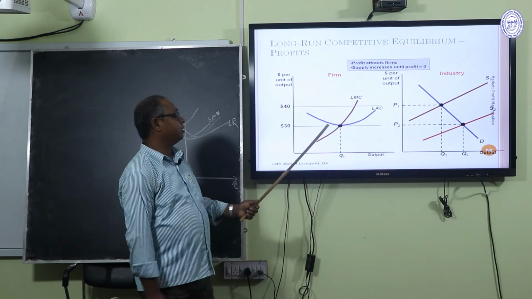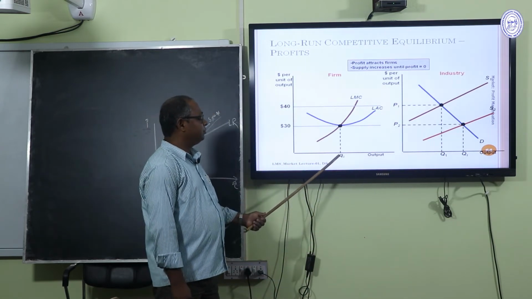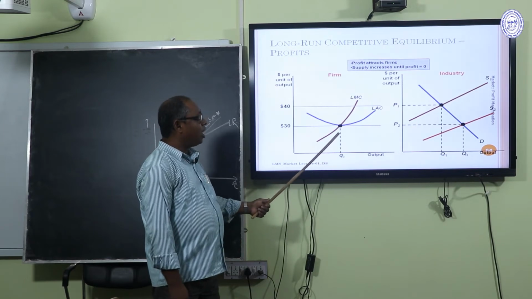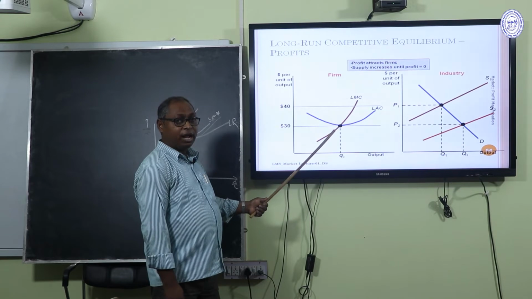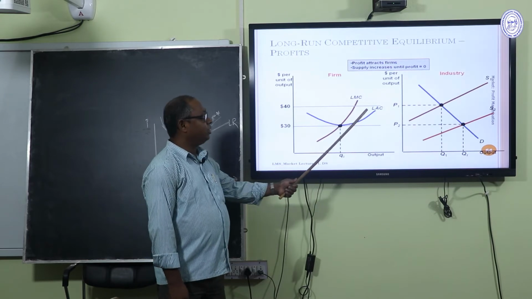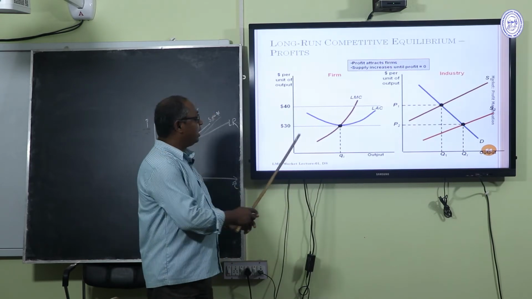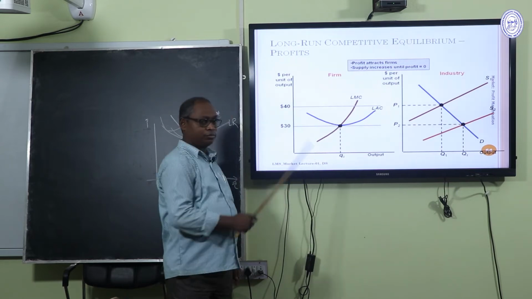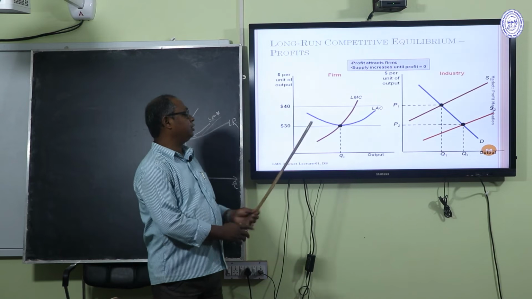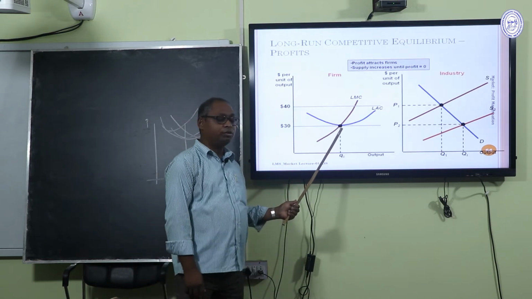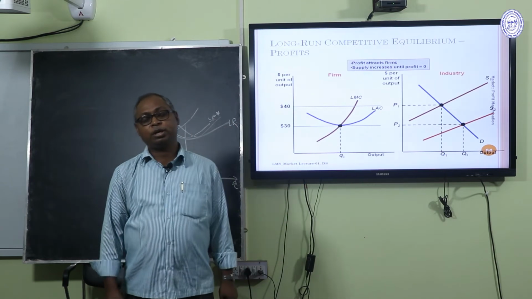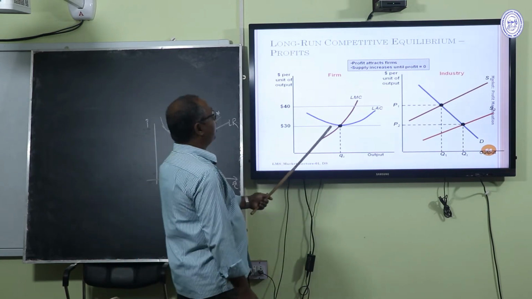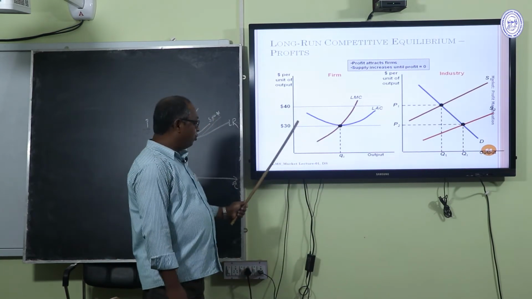Suppose, come here, if I am here, this should be my equilibrium situation, and the firm will earn only normal profit at the minimum point of the long run LAC. Remember the fact, here there is also a short run AC and short run MC. So this is a situation where the firm is in equilibrium and the industry is in both short run and long run equilibrium, and the firm will earn normal profit. But we are not here.